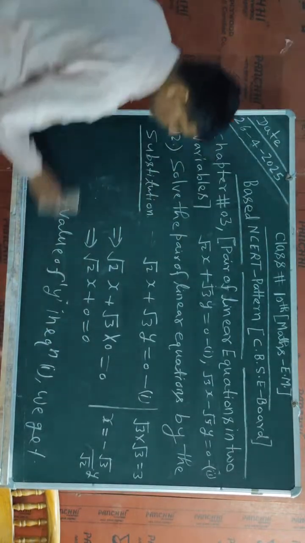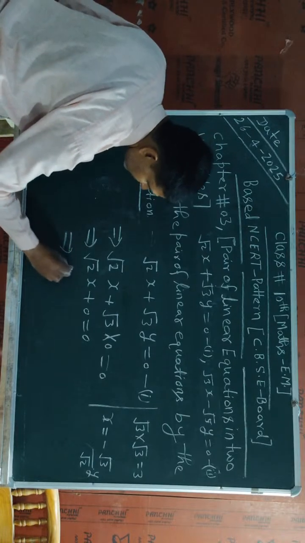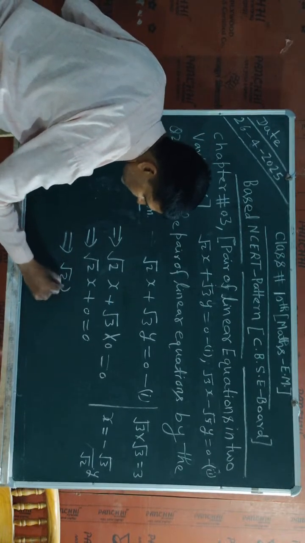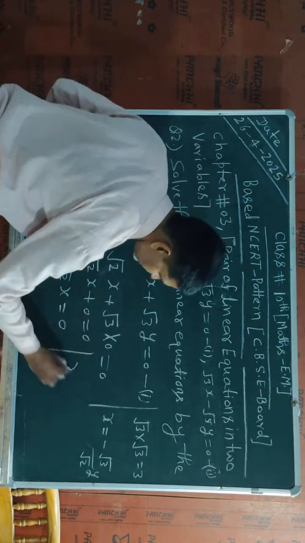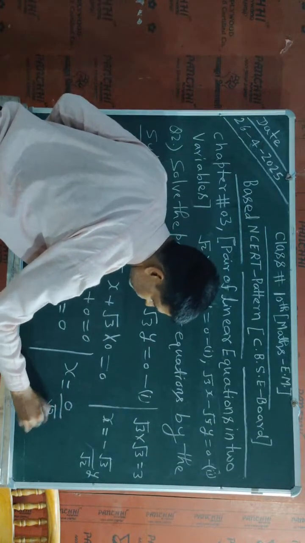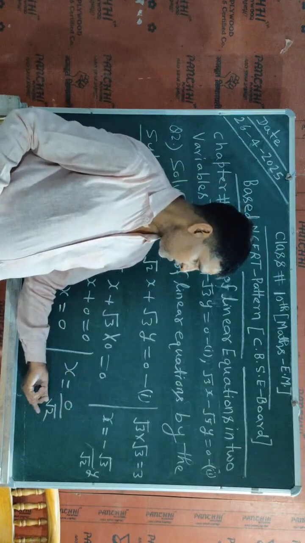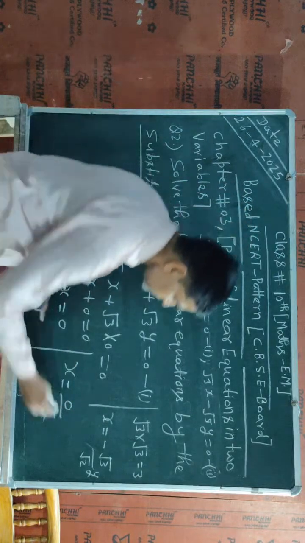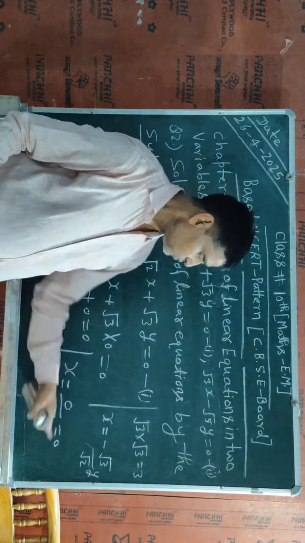In other words, root 2 x is equal to 0. Further I will write x is equal to 0 divided by root 2. Again, if 0 is divided by any finite number, that will be 0.